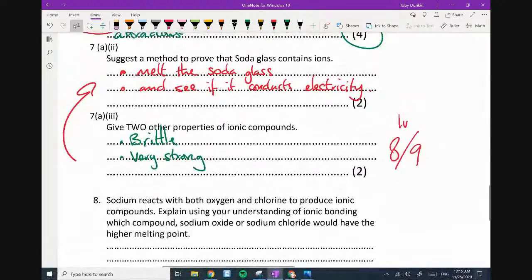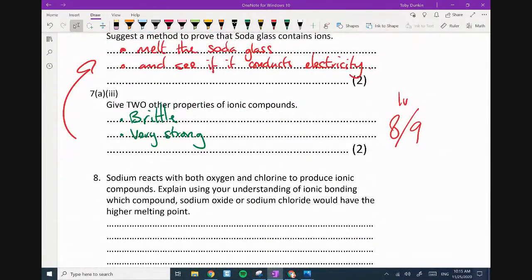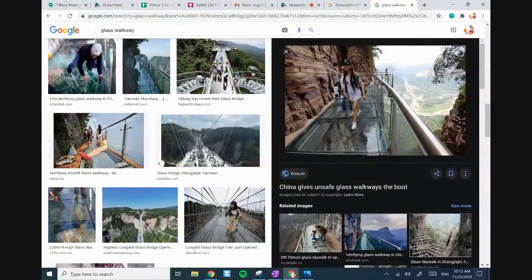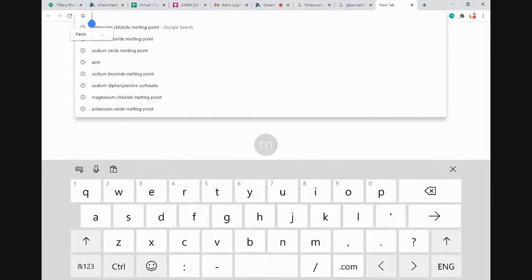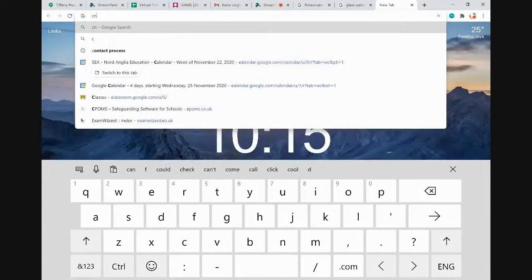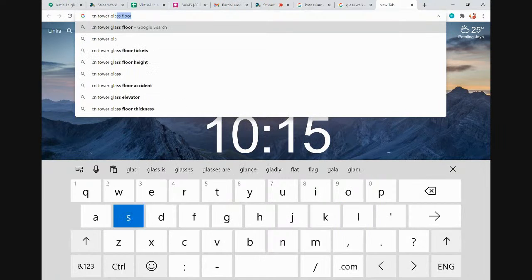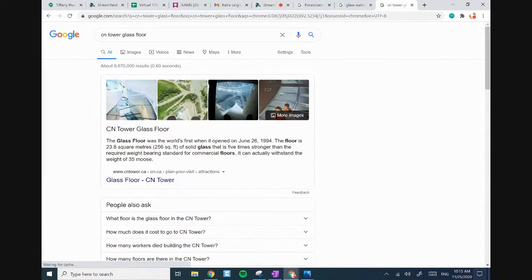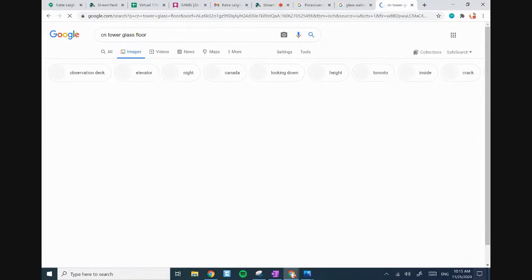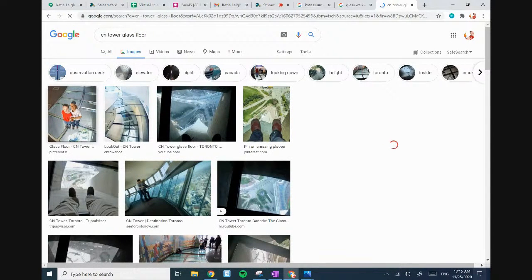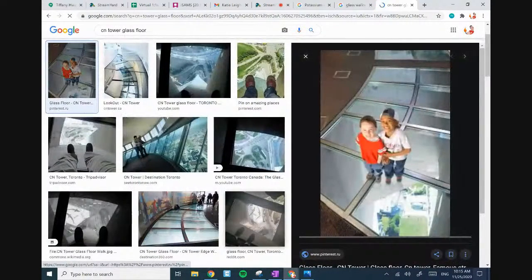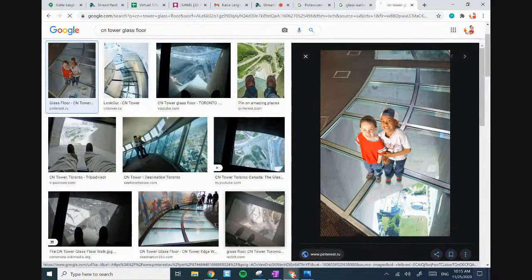Oh, we're running out of time. I went up the CN Tower in Toronto, and the CN Tower has a glass floor. It's a big tall building. When I walked in, I was standing on this glass floor, and there were just kids jumping up and down on the glass. Why would they do that?